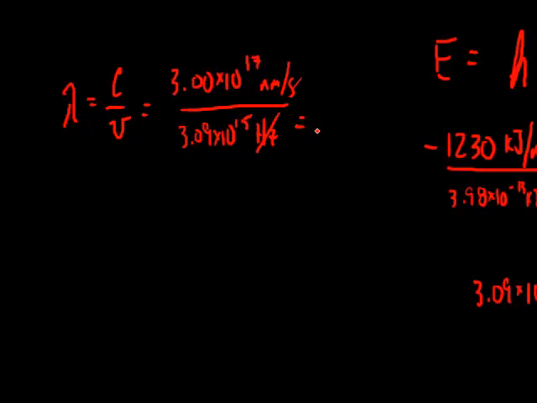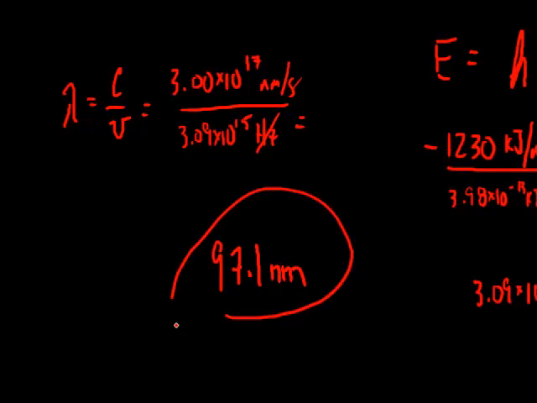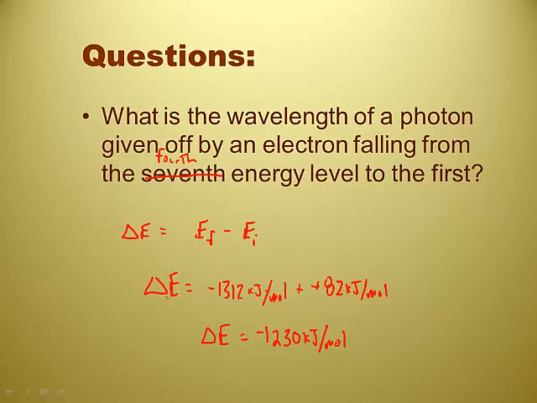And you get 97.1 nanometers. That's our answer. The wavelength of the photon is 97.1 nanometers.